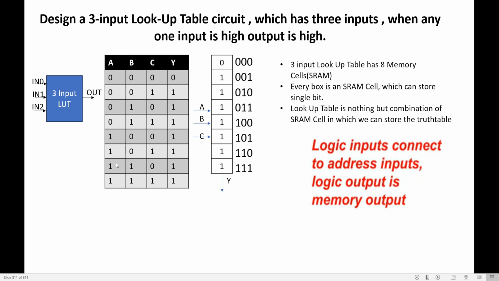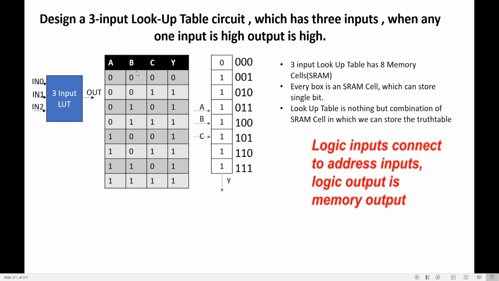Now what do I need to design? From the truth table, I need to design a lookup table. So what is this lookup table? If I want to design a lookup table, first I need to check the number of inputs.